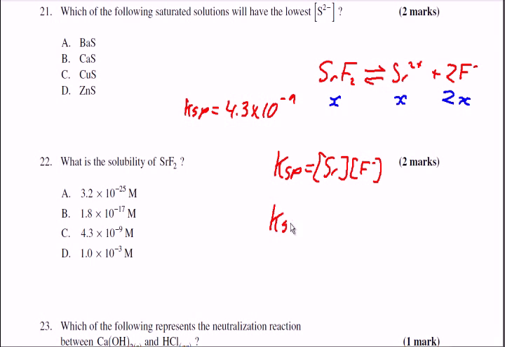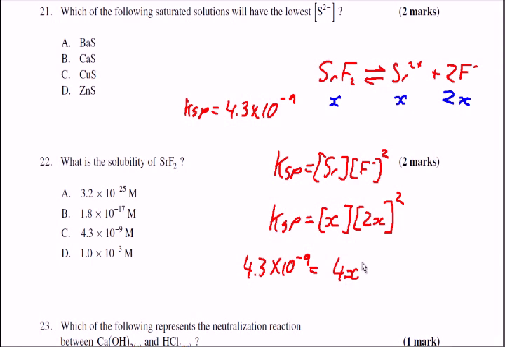So again, Ksp equals x times 2x, forgot a little thing right there, very important, squared. Now let's replace all of our numbers. And again, 4.3 times 10 to the minus 9 equals 2x times 2x is 4x squared, times another x is 4x cubed. Okay, so now I'm going to solve for x.